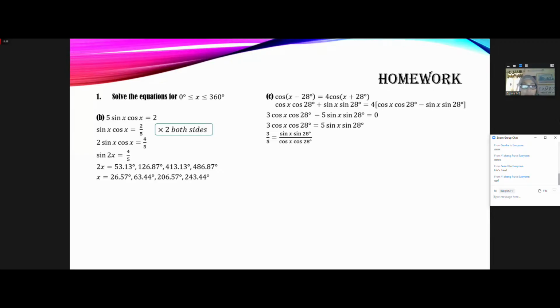Right now, you see sin x over cos x becomes tangent x, and sin 28 over cos 28 becomes tangent 28. So like this: tan x tan 28 equals 3 over 5. Tangent 28 here, you can just find the value from the calculator.